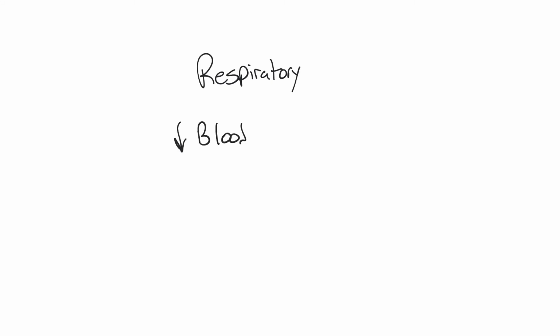We could also look at this as decreased glucose and decreased oxygen. So the decreased oxygen part is where we get respiratory shock. Again, in my mind, I don't know if I really think of that as a shock, but if you choke on something, they consider it respiratory shock.